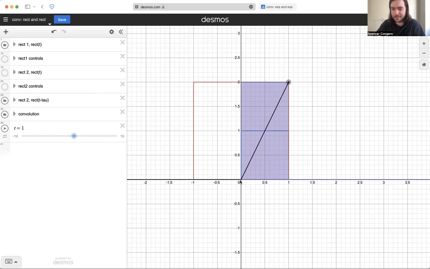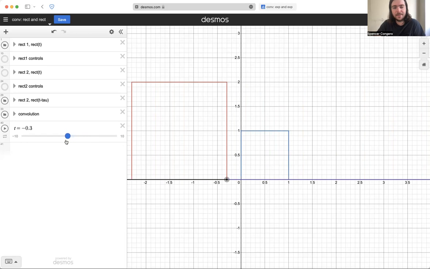This area is larger. It's increasing all the way up to 2 as it goes to the right by 1. Then as we move, we still have that constant height value because this overlap area is not changing. And then we go down. So that would be the convolution in this case of these two functions. Hopefully this gives you an animated picture of what we just did by hand. All right, let's go back.